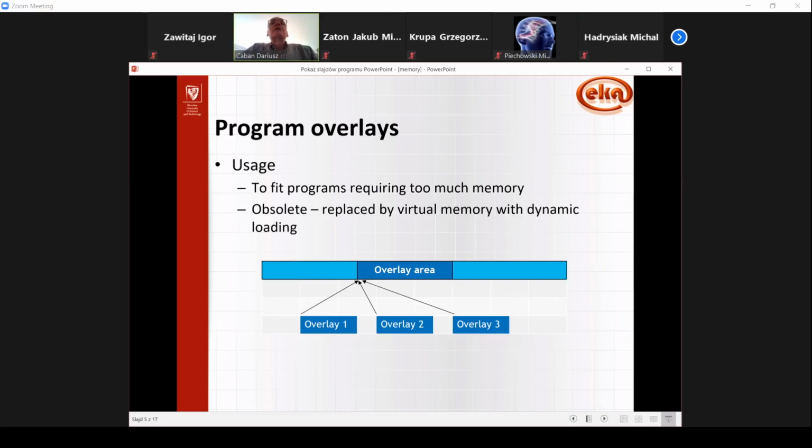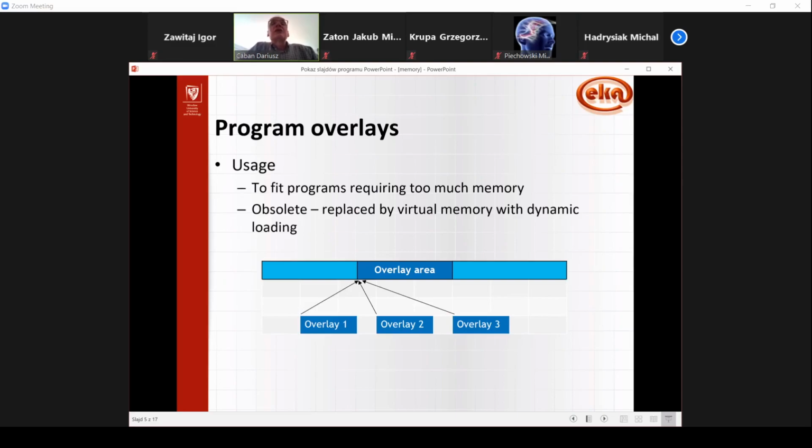When you compile it, it may turn out that for the clients that you want to send the program to, it requires too much memory. It will not be very popular because nobody will buy a very expensive laptop just to run a single program.